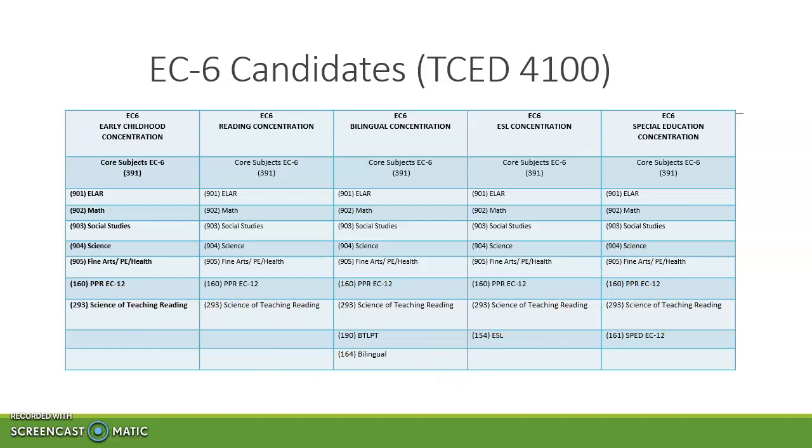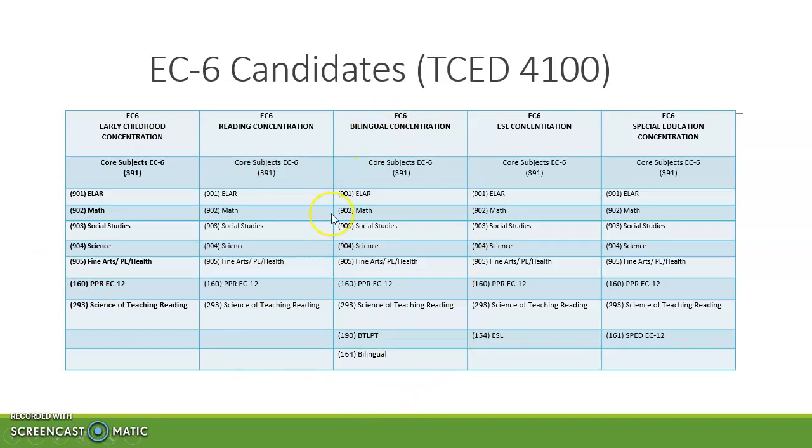So all of you will take 3 exams. But where it varies is if you have a specific concentration. If you are bilingual, you will take the 3 exams very similar to everybody else, but in addition to that, you will have the BTLPT 190, which is an oral language proficiency exam where you are assessed in your writing, your speaking, and your listening in Spanish, and then the 164 bilingual supplement.